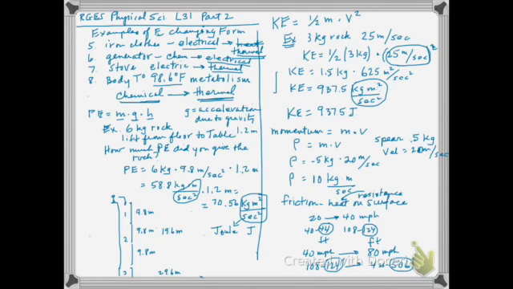Let's look on page 277. Now momentum is also conserved. As you look at these 3 scenes here, you have one ball on the top scene.